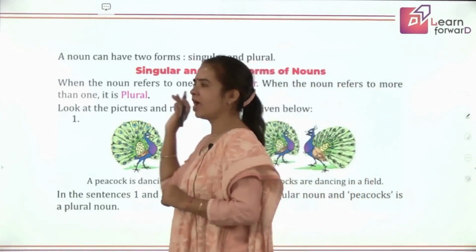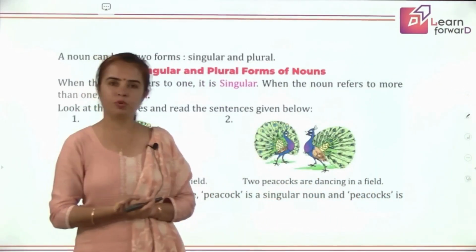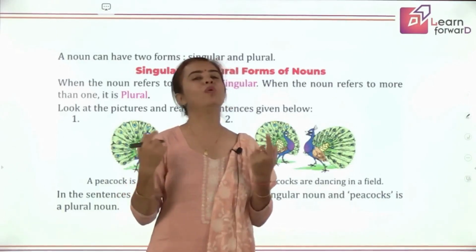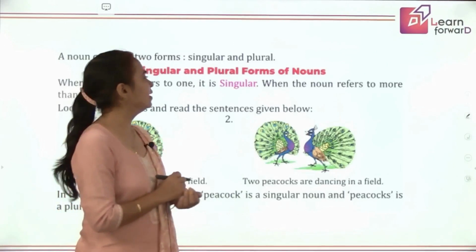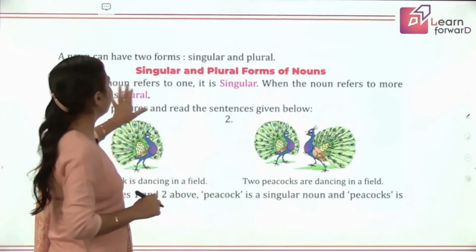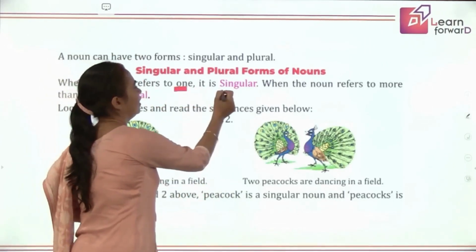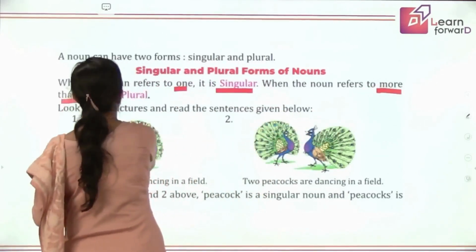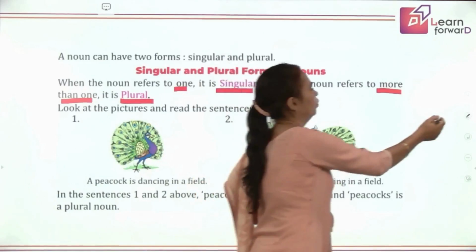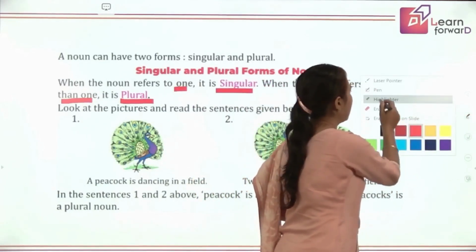Just a recap of what is singular, what is plural. Singular means one. We have been learning from grade 1 and plural means many. Very good. So when a noun refers to one, it is singular, and when it refers to more than one, it is plural. Right? Any doubts?